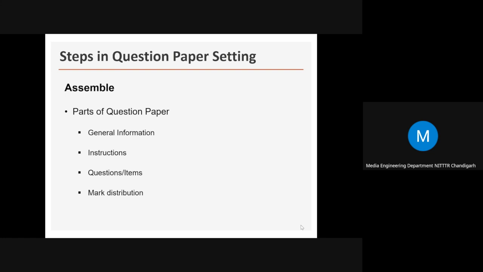Instructions should be very clear and concise, stating what kind of answers or what kind of attempt is required. Sometimes we want to give options, so those instructions should be written. If there are section-wise instructions, then those should be specified section-wise.